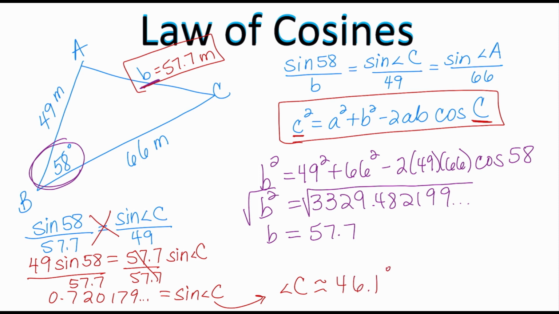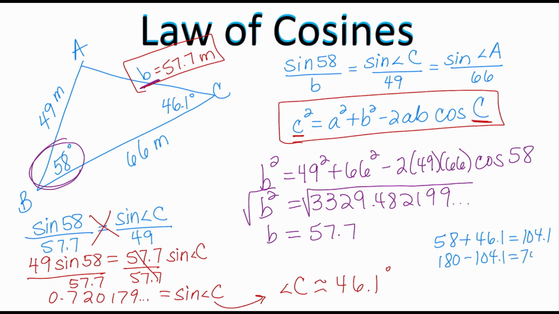Of course, once you know that angle C is 46.1 degrees, the sum of the three angles in a triangle is 180. Add up 58 plus 46.1, and you're going to get 104.1, and then subtract that from 180 because the three angles will add up to 180.